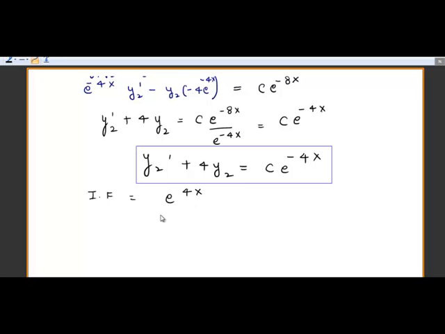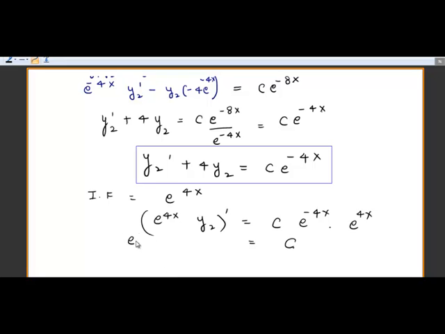If I multiply in this equation, I will end up getting integrating factor times y2, whose derivative should turn out to be c e to the power minus 4x times e to the power 4x, and this is nothing but c.